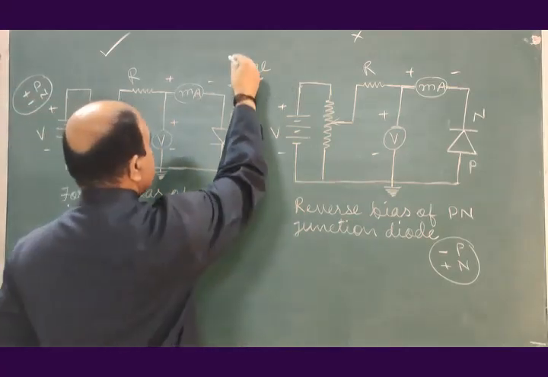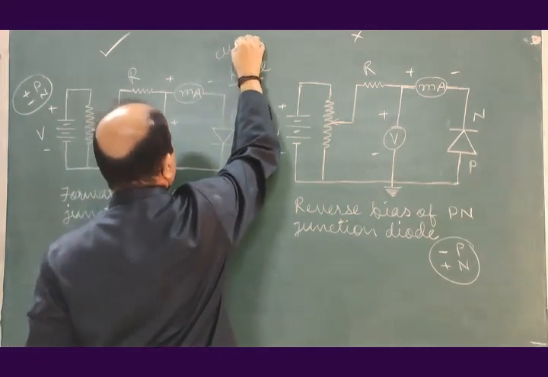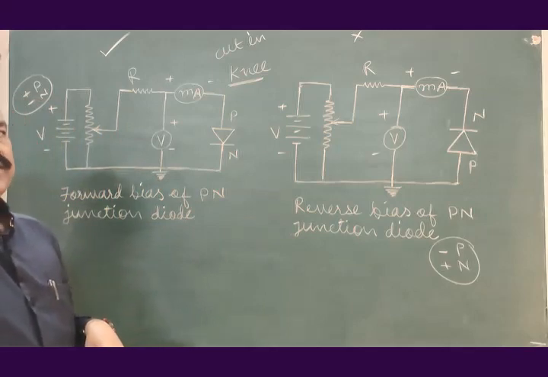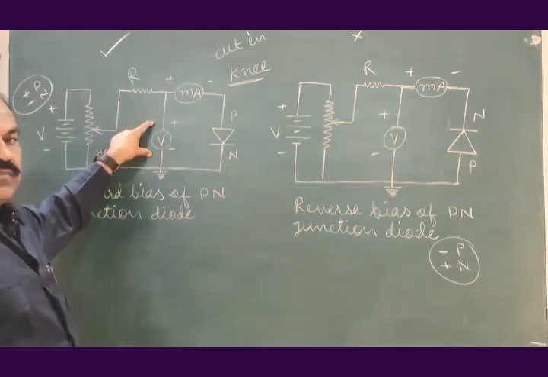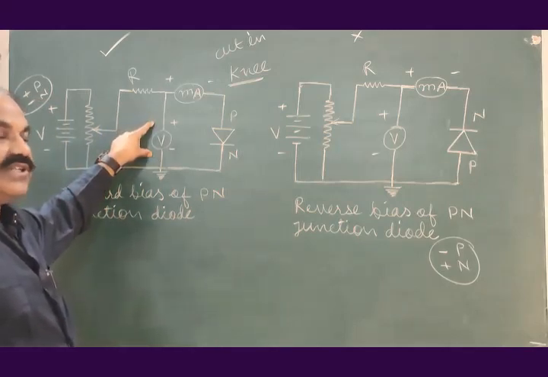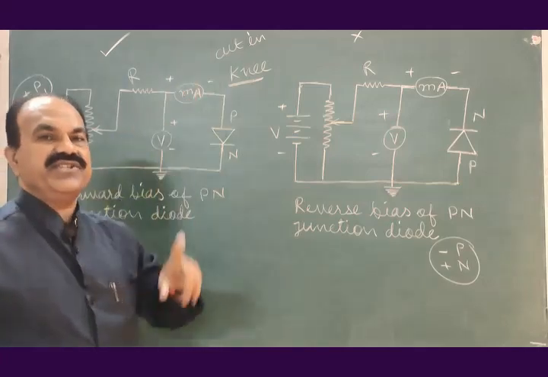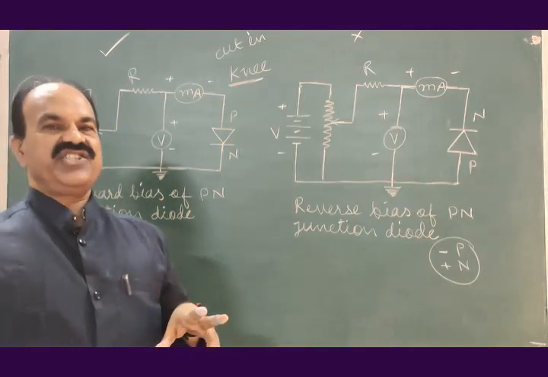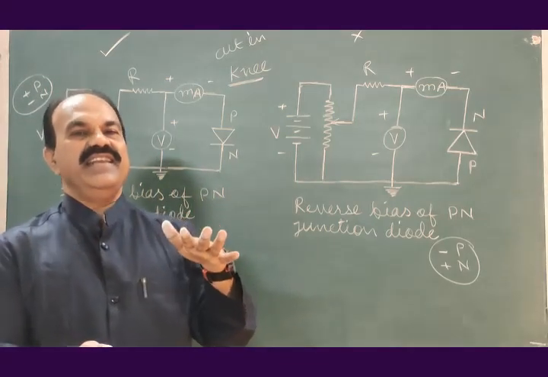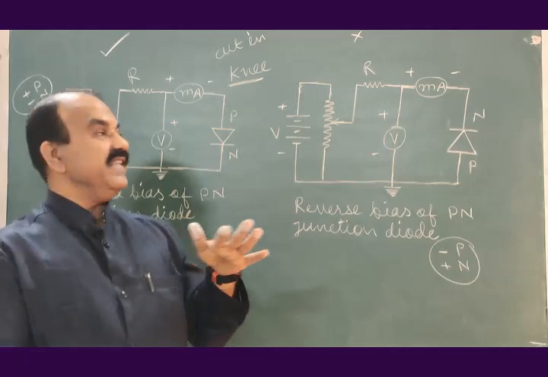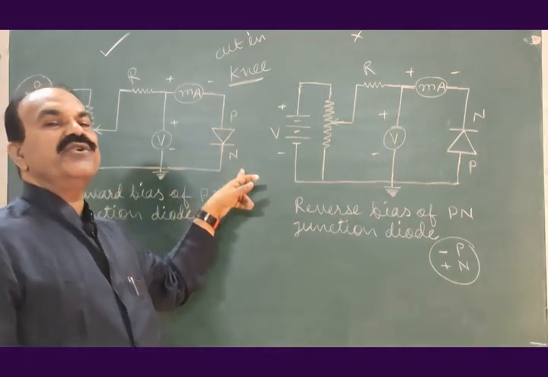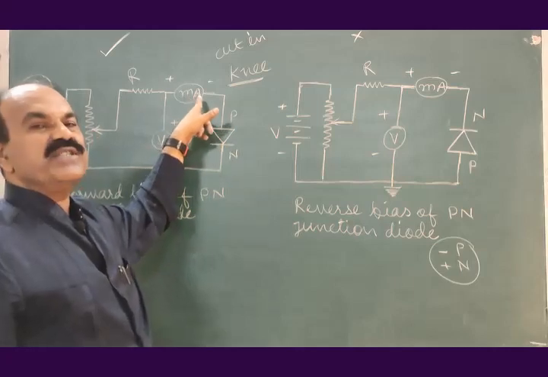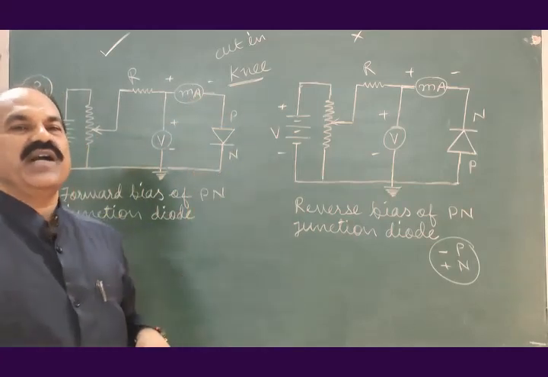You may call this the cut-in voltage. Whenever the voltage measured by this voltmeter is smaller than the cut-in voltage, smaller than the barrier potential, the barrier hill, there will not be flow of current through this diode, because this milliammeter shows zero current.